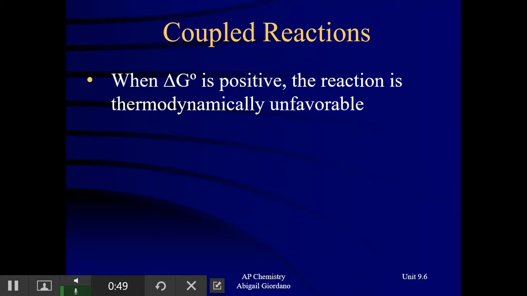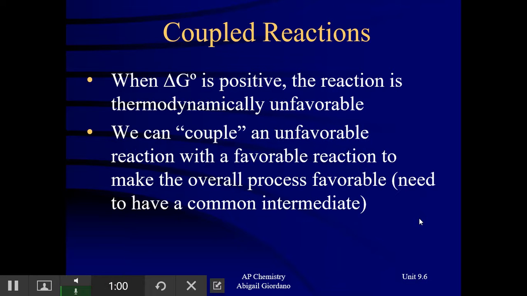So does that mean that it can never be pushed? Well, no, there are things we can do to drive an unfavorable reaction, and that's what coupling is all about. So we can couple an unfavorable reaction with one that is favorable to make the overall process favorable.